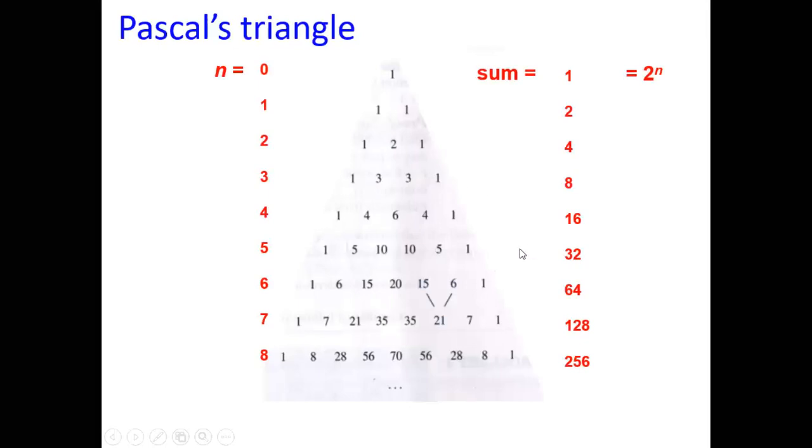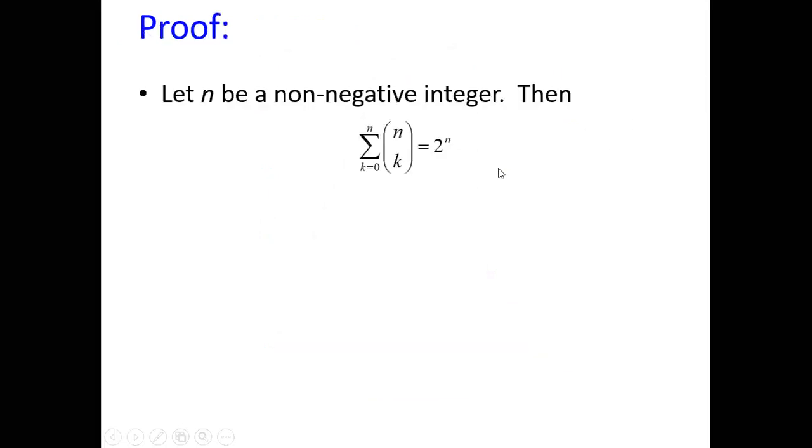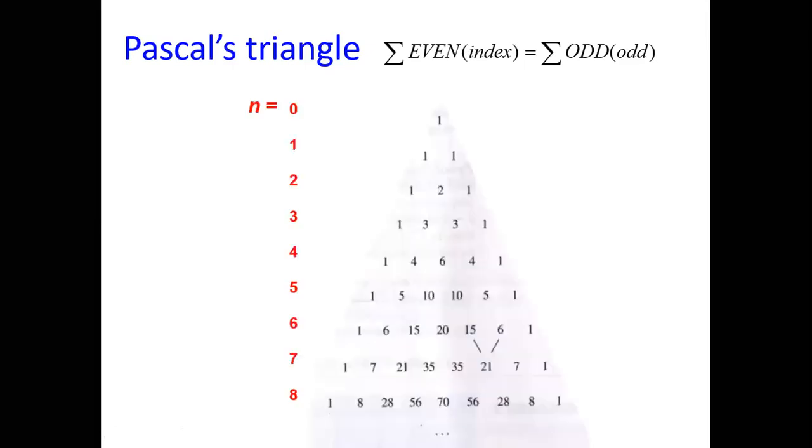So the summation of any row n equals 2 power n. Okay, now we have another thing. Also, Pascal noticed that the summation of even index equals the summation of odd index. Example here: we have index 0, even index, equal to 1.